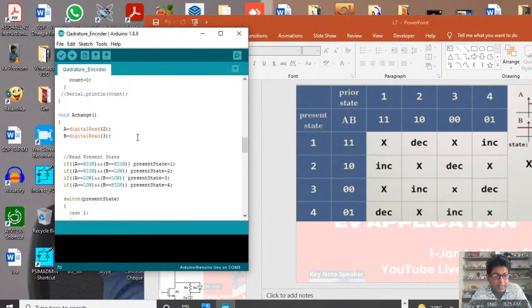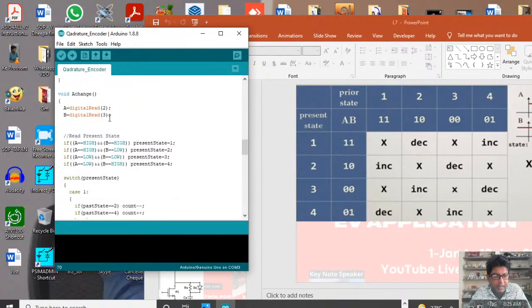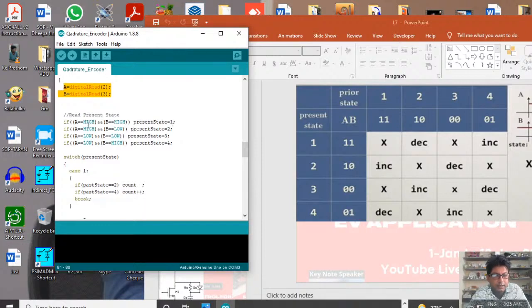Now I am coming to the interrupt service routine. In the interrupt service routine, again I am reading the state, once some time has elapsed, when the interrupt occurs. You see, in the interrupt sense, I have mentioned change.